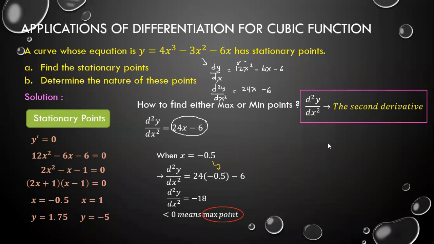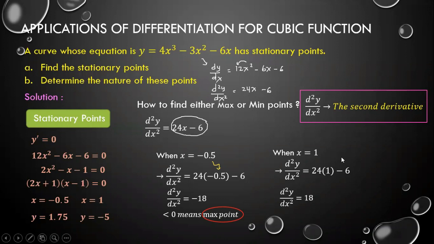In the same way, we insert x equals 1 into d2y over dx squared. d2y over dx squared is 24 times 1 minus 6. We found that d2y over dx squared is 18.